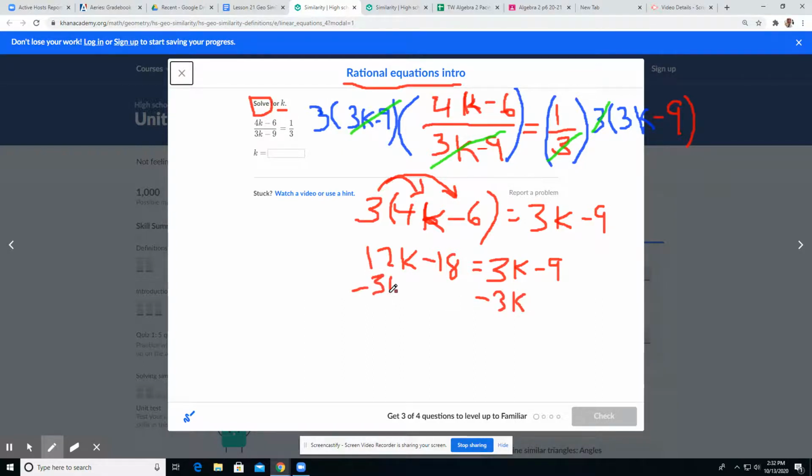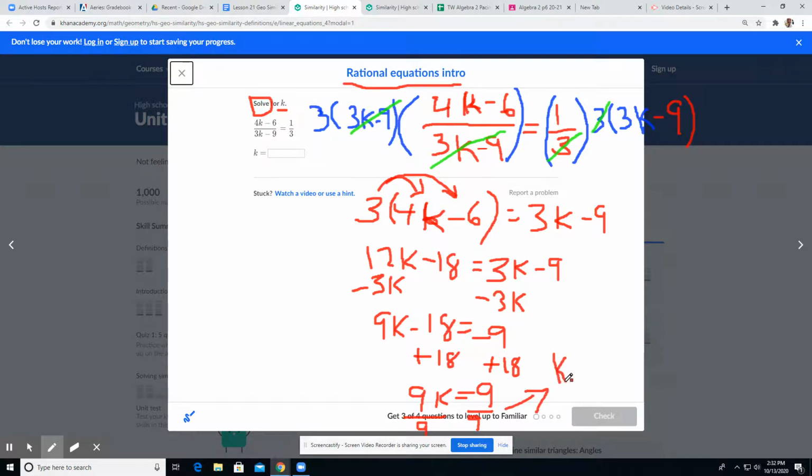I get 9k minus 18 equals negative 9. Add 18 to both sides. 9k equals 9. Divide by 9, and I get k equals 1.